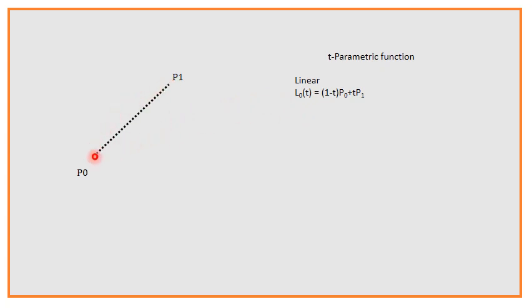At P0, the t value will be 0, and at P1, the t value will be 1. So L0 of t is equal to 1 minus t times P0 plus t times P1. This will be the linear equation for this line.